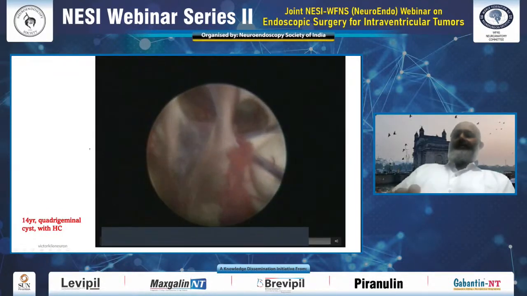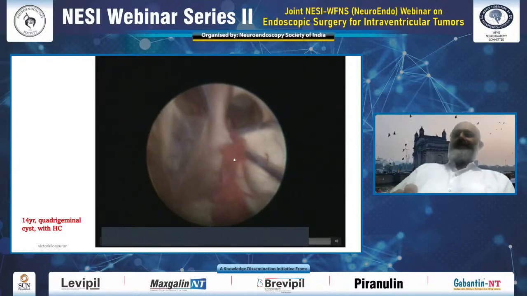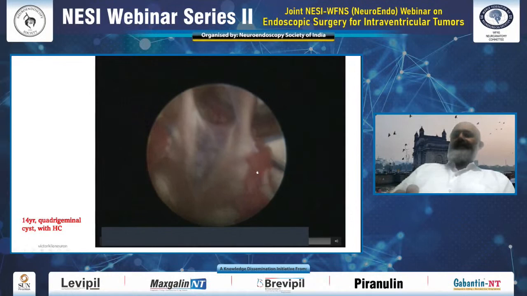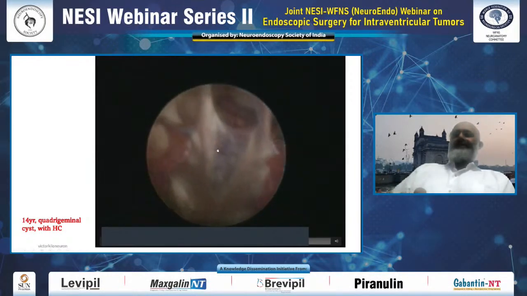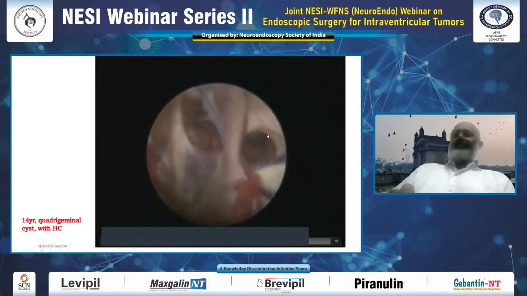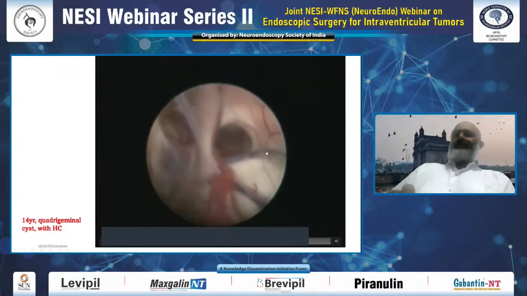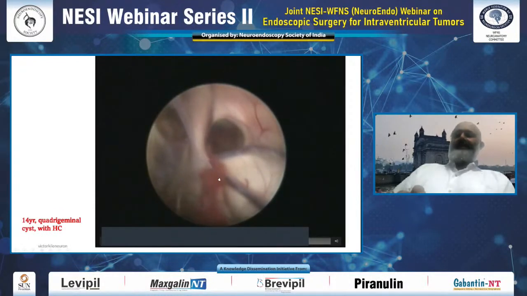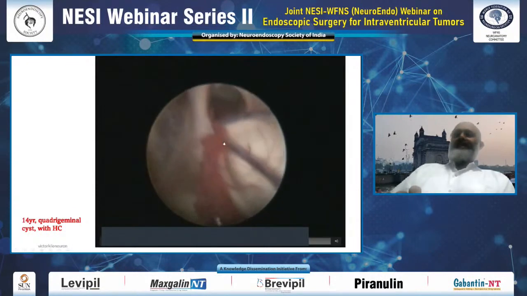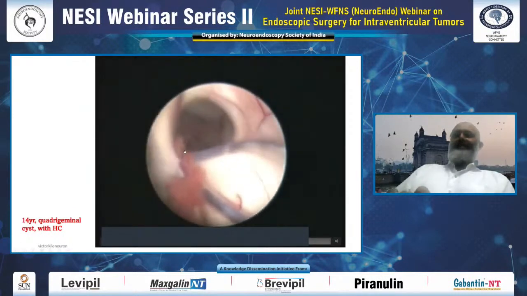You can also see the columns of the fornix. On the right side, you can see the foramen of Monro with the thalamostriate vein, and the choroid plexus ending at 6 o'clock, as we described earlier.